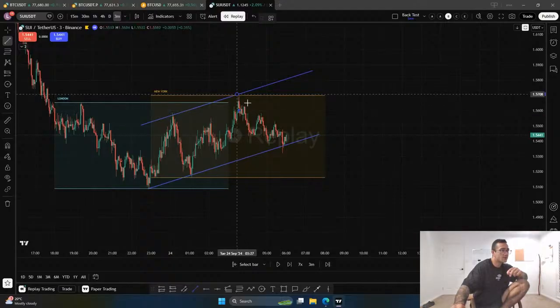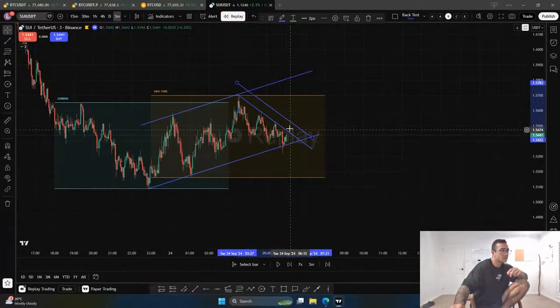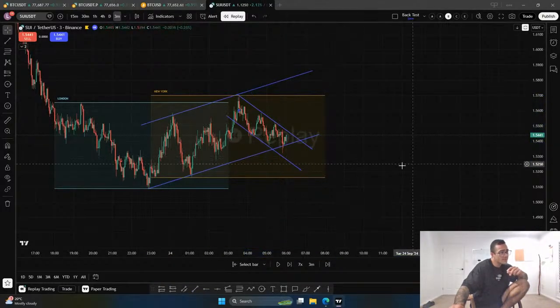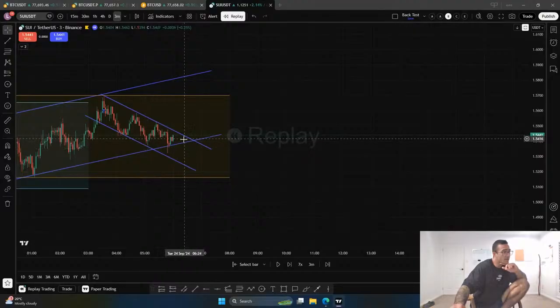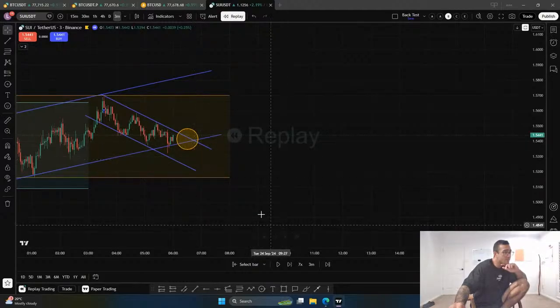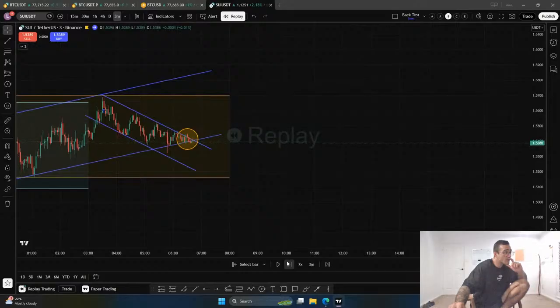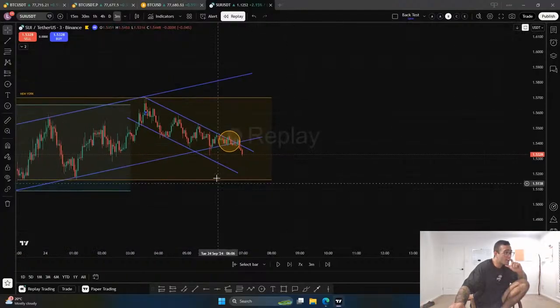Now, if I go like this, we have a bit of this. So what I'm looking at here is this to either push above here or come down here. So it's either going to break through. Either way, all right, it's gone straight down.